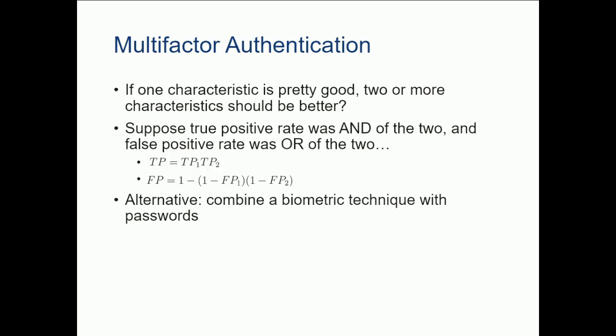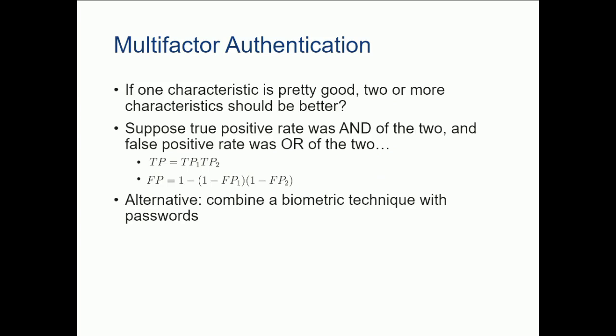The probability that an illegitimate user passes the first authentication is FP1. The probability that he passes the second authentication is FP2.